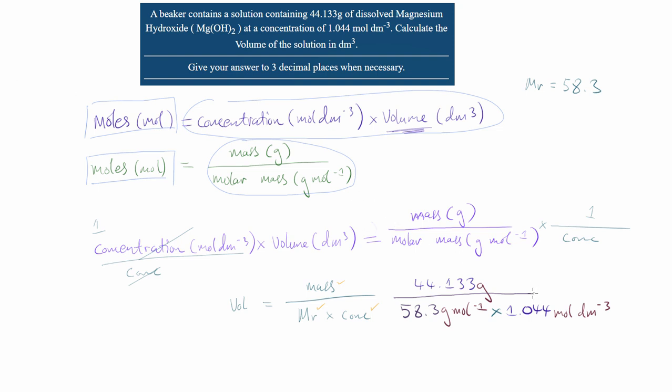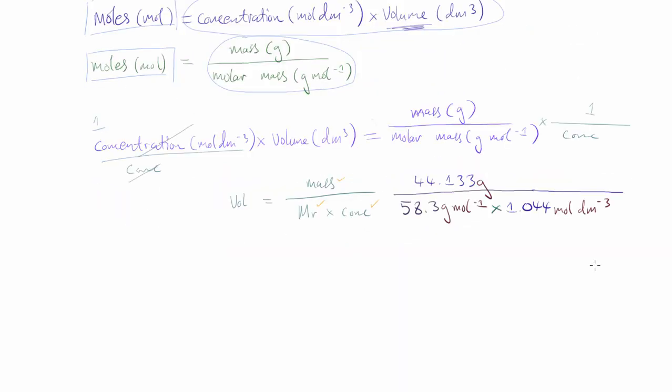Okay, so at this stage, before I move on, I would invite you to work out what this is on your calculator, and if you do that, what you should come up with is 0.72509414, right?